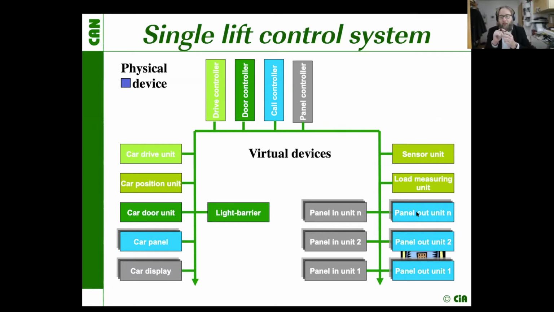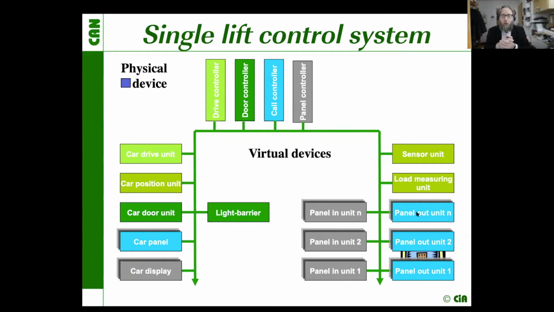Even the indicator, most of the time on top of the door, which shows us on which floor the car currently is, is the panel output. And the car is driven by a drive unit. The actual position is being identified by the position unit.